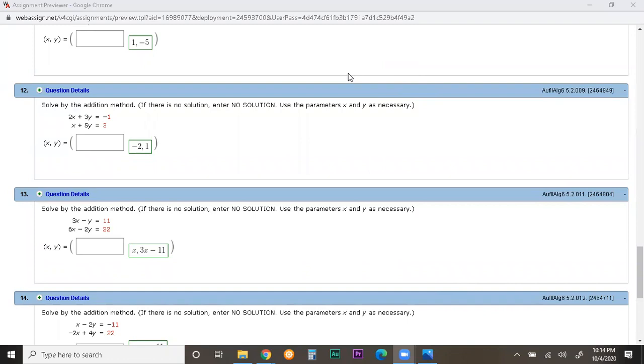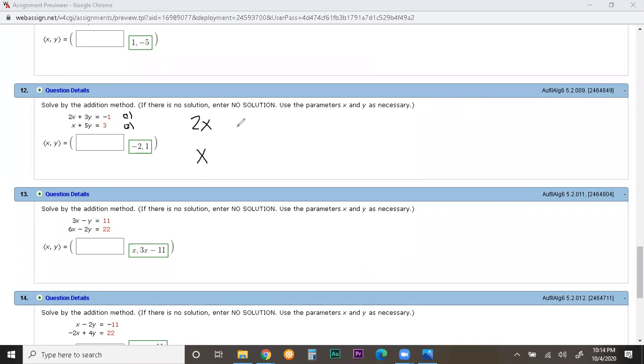So for number 12, let's label our equations again. So we have equation 1 and equation 2, okay? The first thing we need to do is figure out which variable we want to eliminate. If we look at our x's, we have 2x and x.